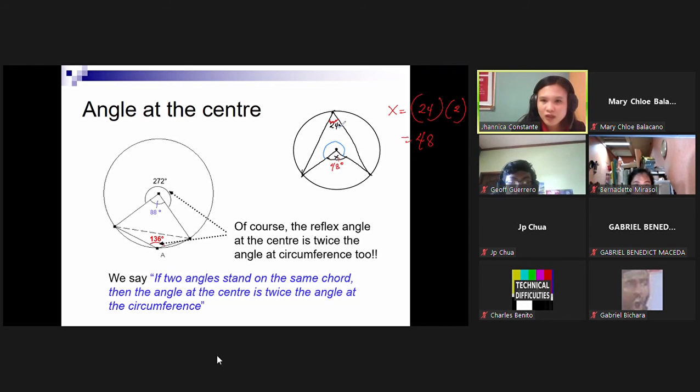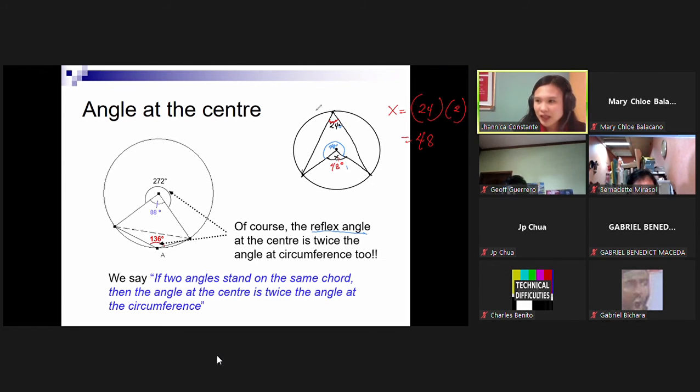So if the circumference angle is 24 degrees, twice your circumference angle is equal to 48 degrees also. Okay. So that's how you can find the reflex angle and the angle at the center of the circle, or the property angle at the center.